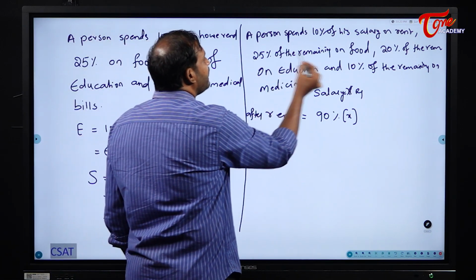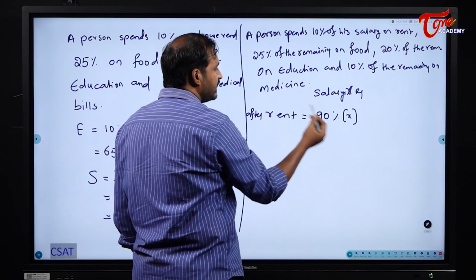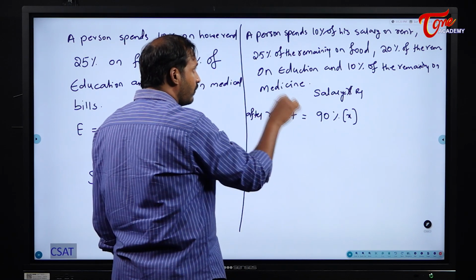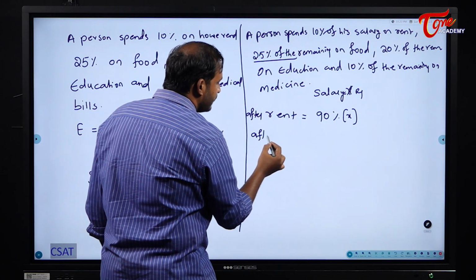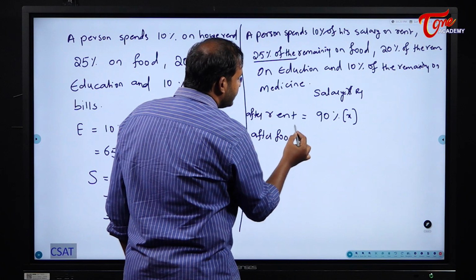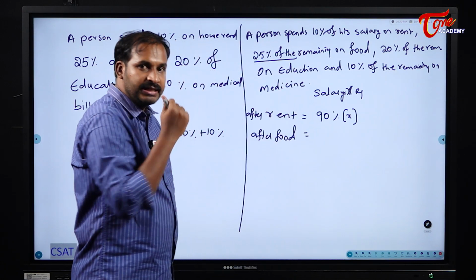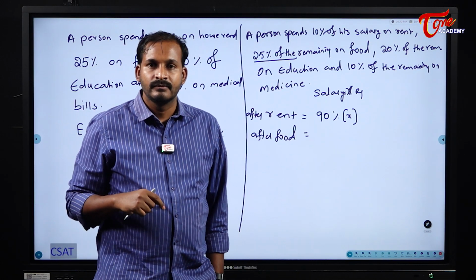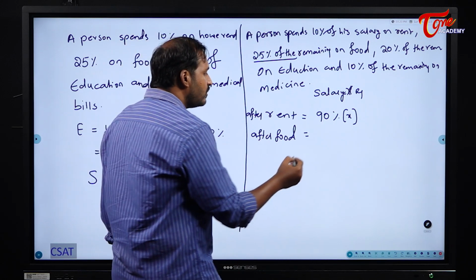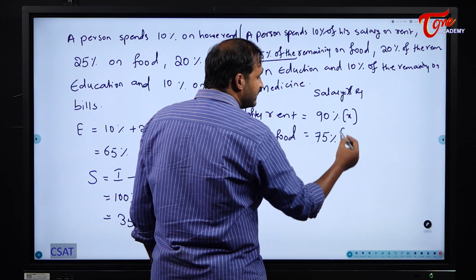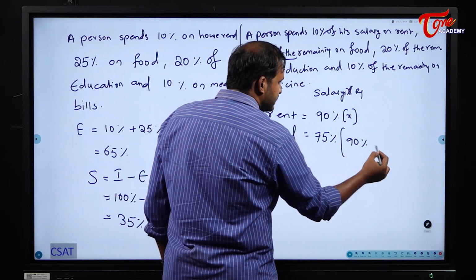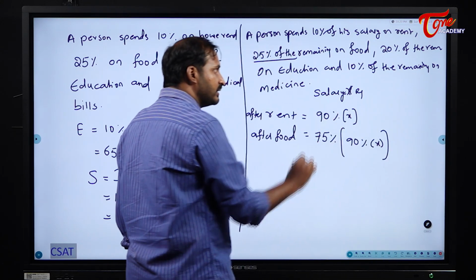Next, see here 25%. That means after rent he will be left with 90% of X. Now 25% of the remaining goes on food. If he spends 25% on food, then he will be left with 75%, right? So after food he will be left with 75% of the remaining. This is the remaining after he spends on food.